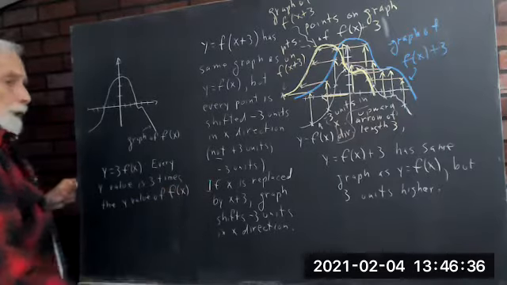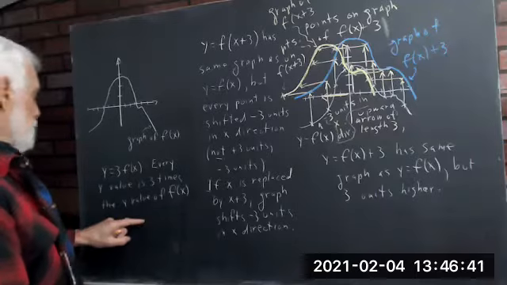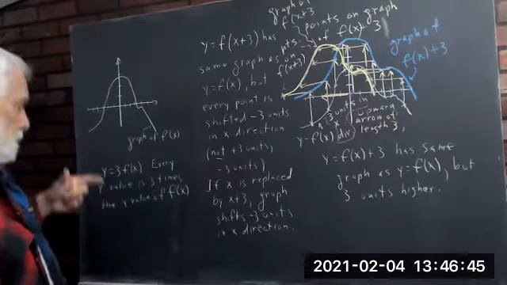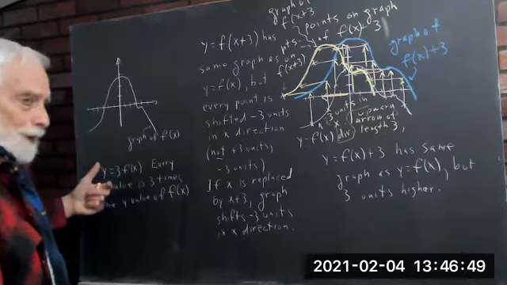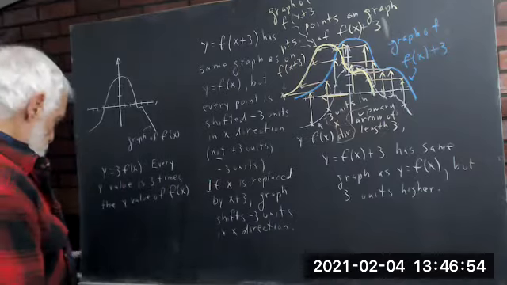Now, I haven't stated that quite precisely, but you have the idea. Every y value is going to be 3 times the y value of f of x. Now, if I wanted to state it completely, I'd say the y value for every x is 3 times what it is for f of x. That I'm going to take to be implicit.